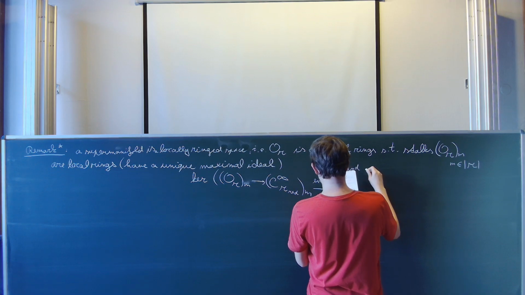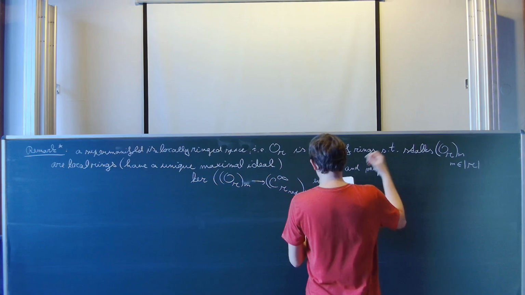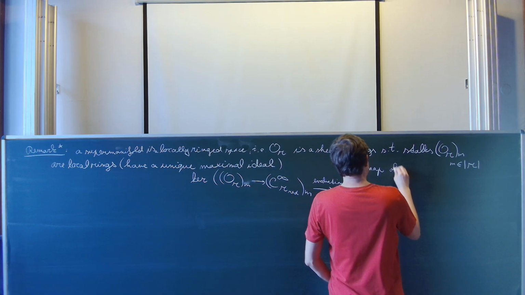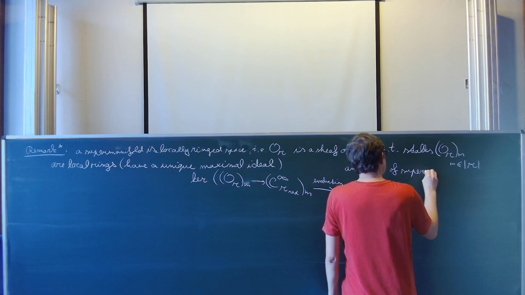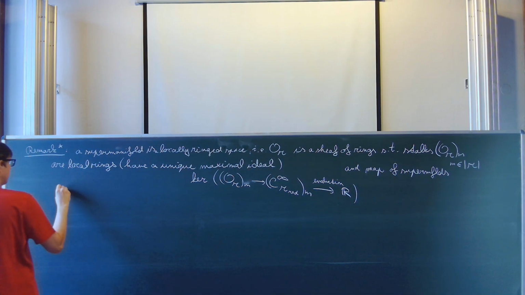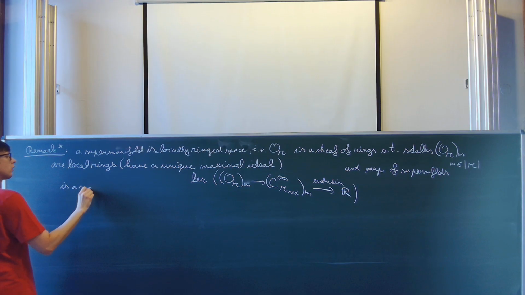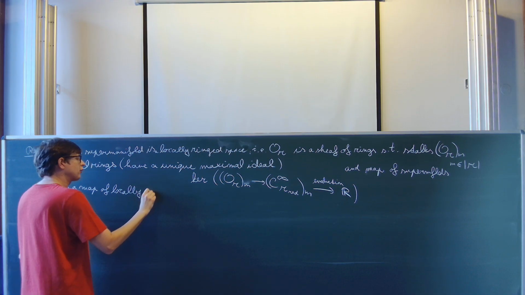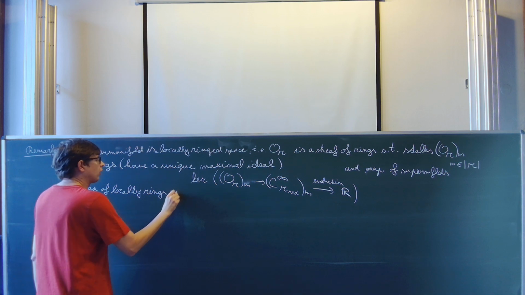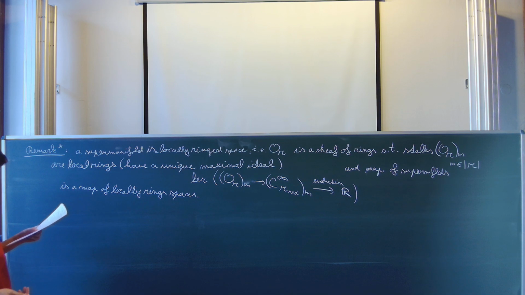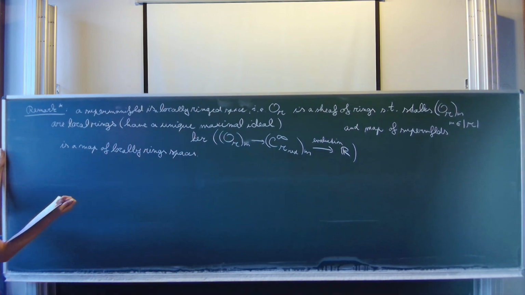The map of supermanifolds, as we defined it, should automatically be a map of locally ringed spaces. So it should fit into that framework of locally ringed spaces, if you know what it is. If you don't, don't worry, you'll never hear me mention that again.